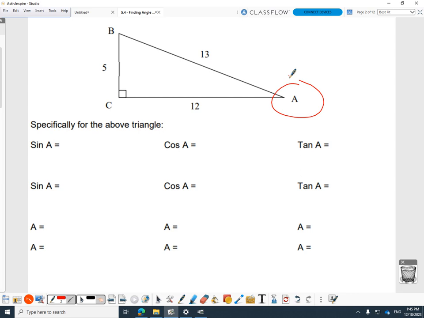What does that allow you to do that's going to help keep track of everything that's going on here? Once you know which angle you're using, what does that enable you to do with the sides? Label them. Important step number 2, label the sides.